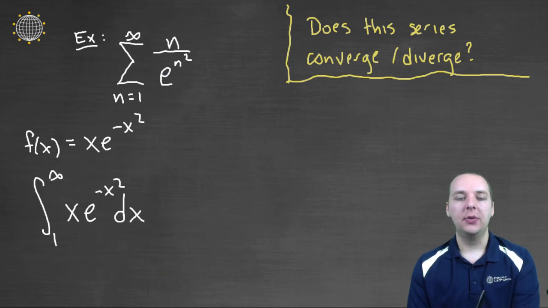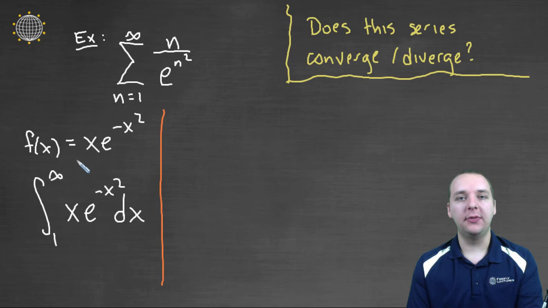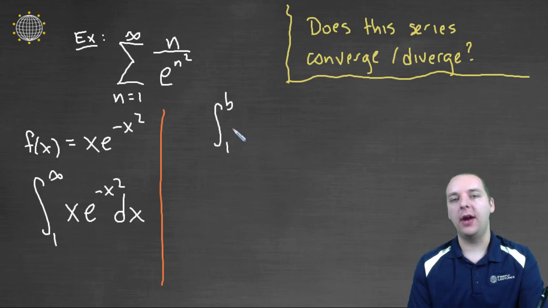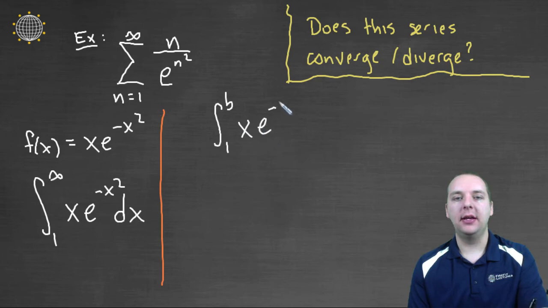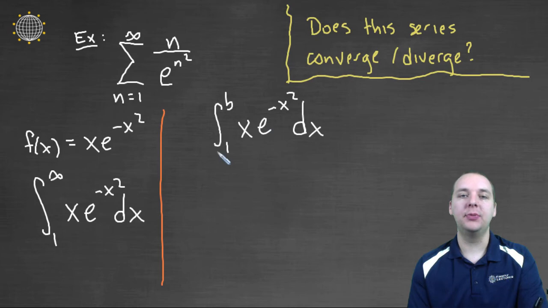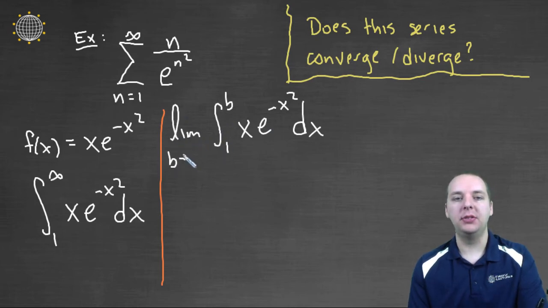So I think we know what we need to do here. For improper integrals, rather than integrate from 1 to infinity, since you can't use the fundamental theorem of calculus for that, we'll integrate from 1 up to what we call b, or a or c, or pick a letter, of x e to the negative x squared dx. Then after the integration is completed, since we only went up to b, we'll take the limit as b pushes its way out to infinity.